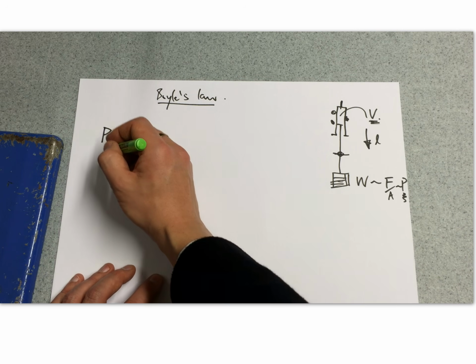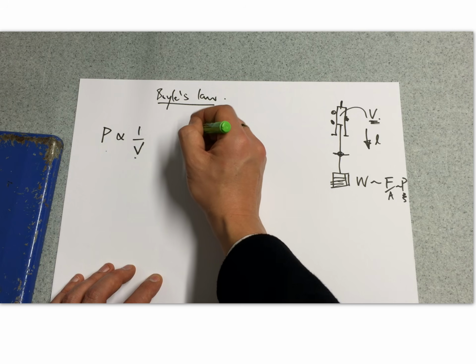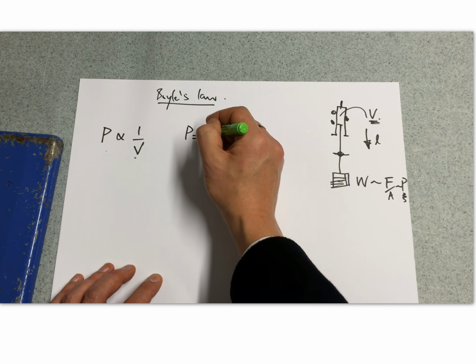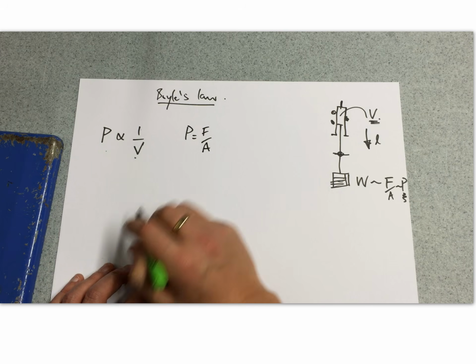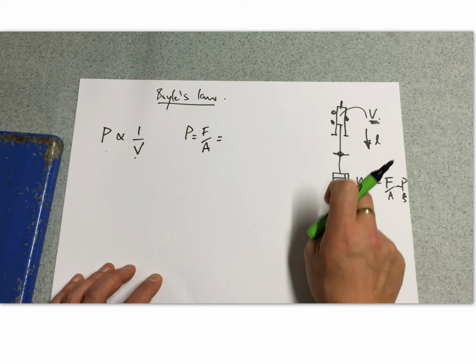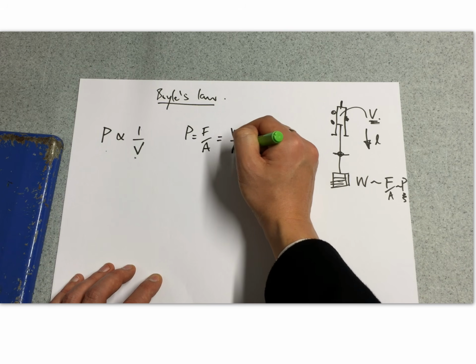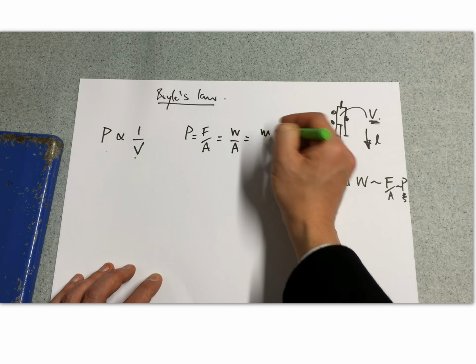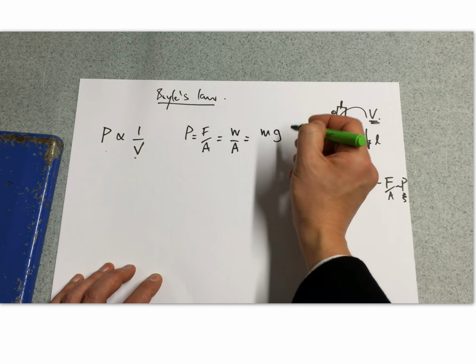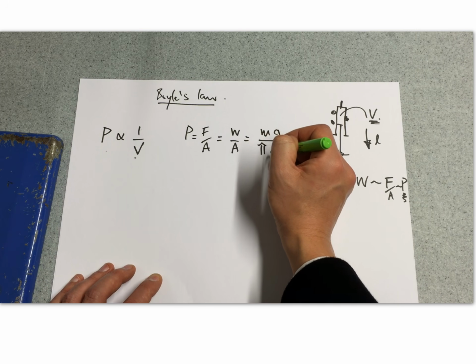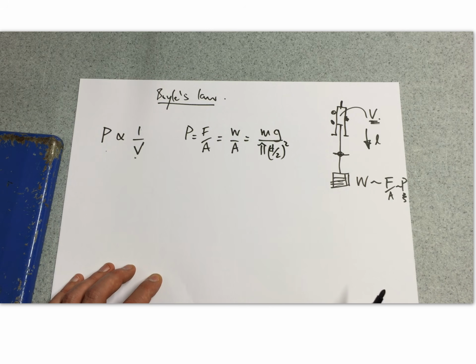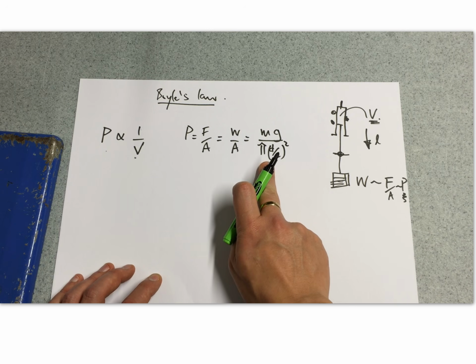Okay, a few steps involved. Let's rewrite this. So pressure is going to equal force divided by the area, which is the same as the weight divided by the area, which is the same as the mass suspended times g divided by pi diameter over 2 squared. Good.